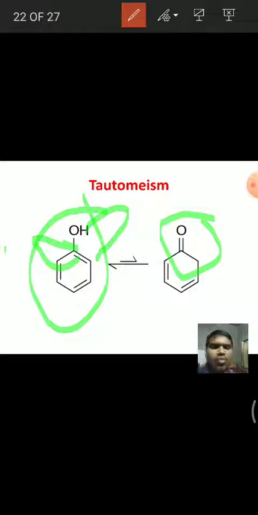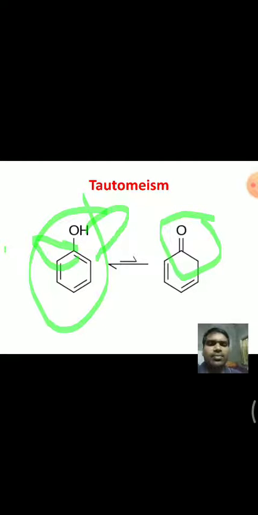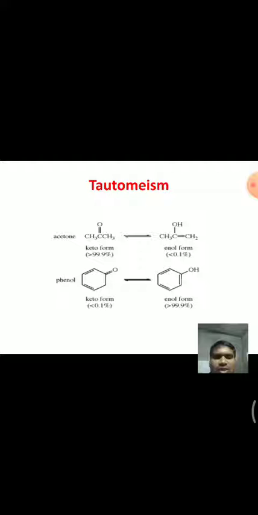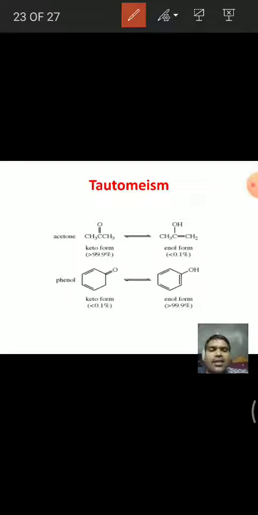Again, one more example for tautomerism. See here, two more examples are there. In the first one, that is acetone. We already discussed these examples. The first one is acetone, or propanone, having a keto group, and it exists in the enol form also.